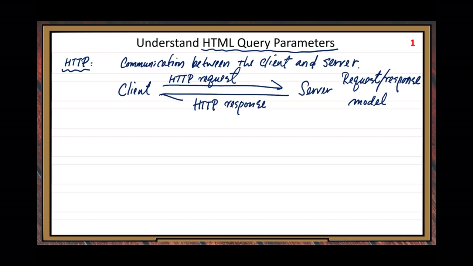You may ask, what exactly is the HTTP request? You may want to know that. So here we treat it as some object. This is an object. Here is also an object.